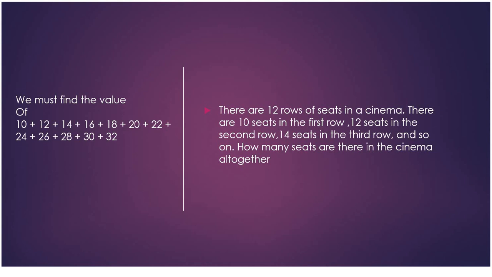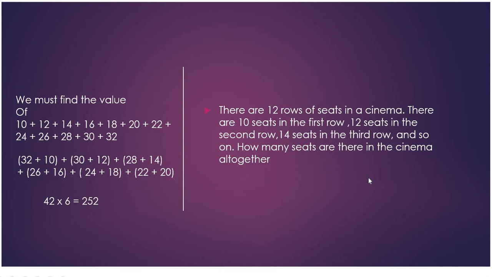All right, so let's see the answer. So we had our number sequence here, so we have to make our number pairs, which is 32 plus 10, our last number in our number sequence plus our first number.